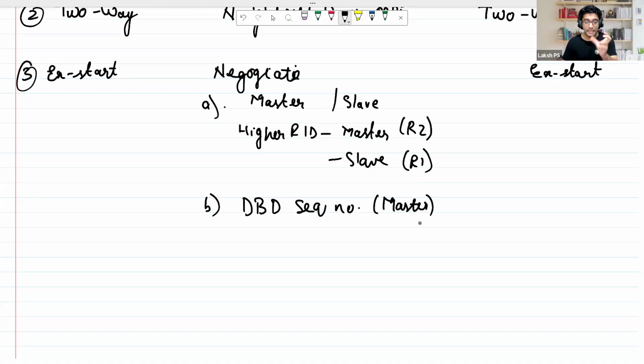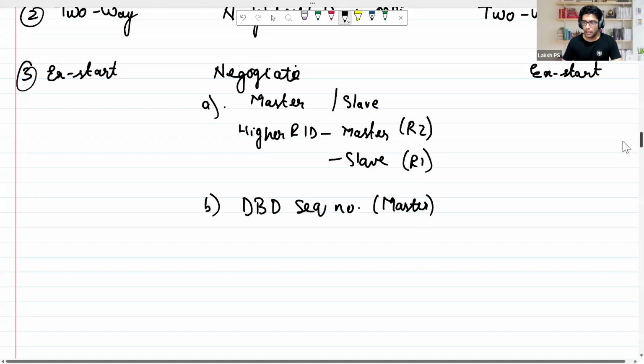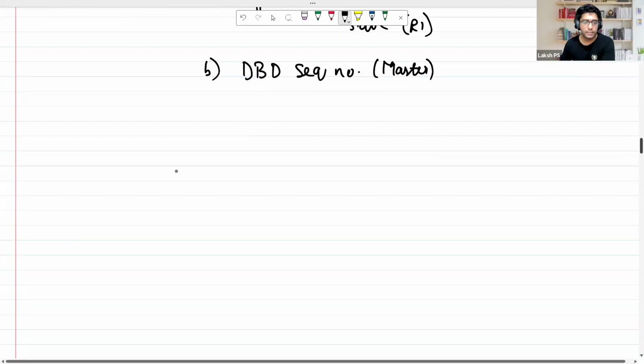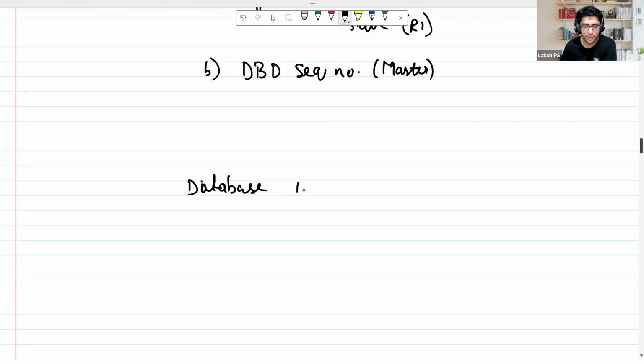Okay. Now, what is DBD? DBD stands for database descriptor. Database descriptor is nothing but a small description of the database.